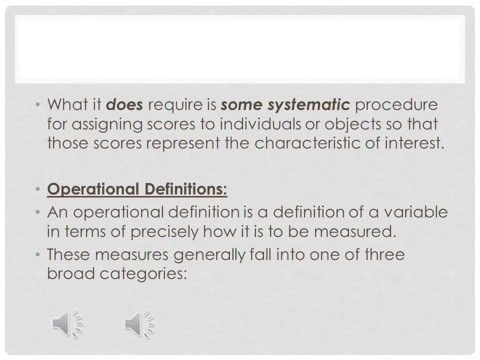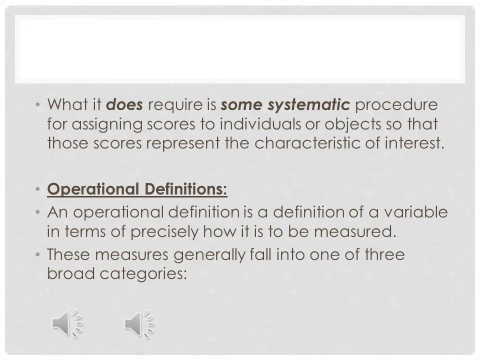So what is happening in the case of measurement apart from the psychological test? Psychological measurement definitely focuses on, and requires, a systematic procedure for assigning scores to individuals or objects so that those scores represent the characteristics of interest.